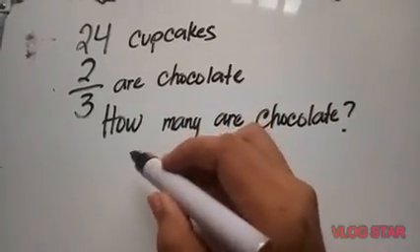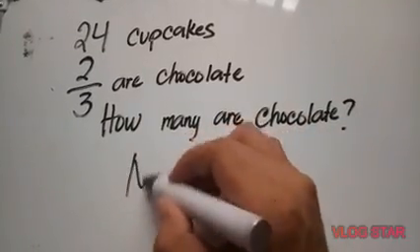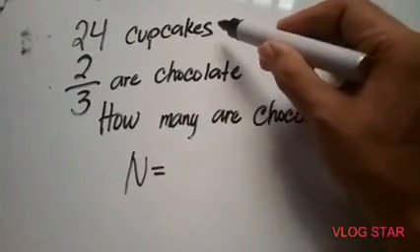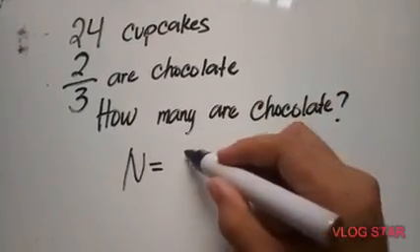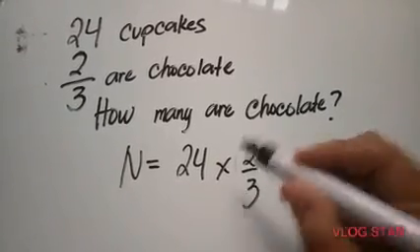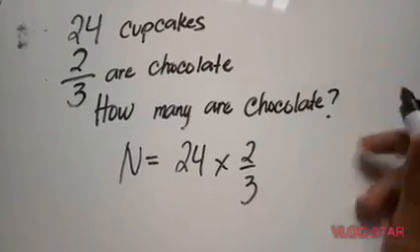So for us to get the answer, let's say that the number of chocolate is n, and just multiply 24 to 2/3. So 24 times 2/3 to get the number of chocolate cupcakes.